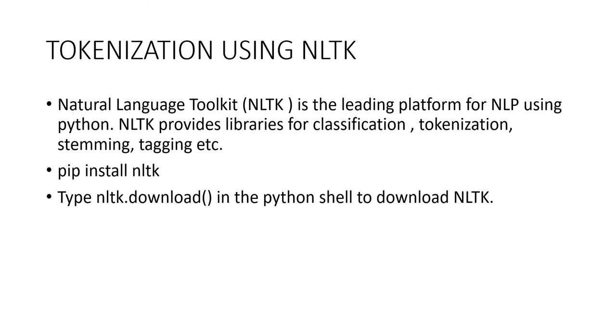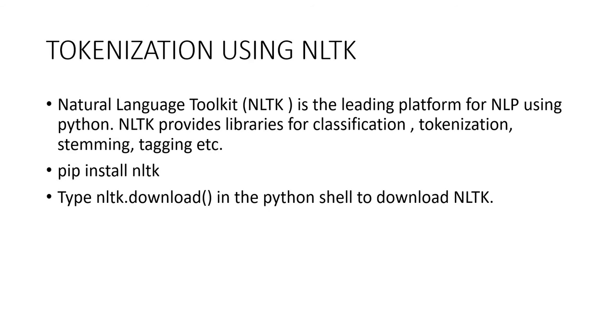It's a huge library, and downloading all of it will take a lot of time. So if you are using only some portions of it, you can download only those portions. That would be easy.